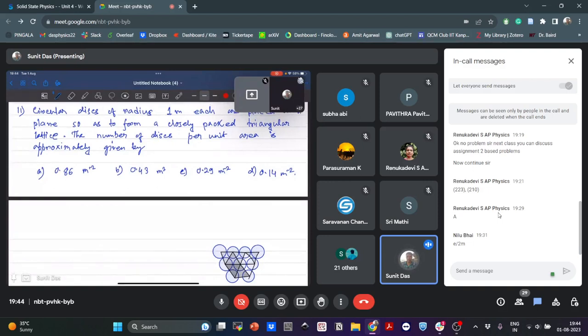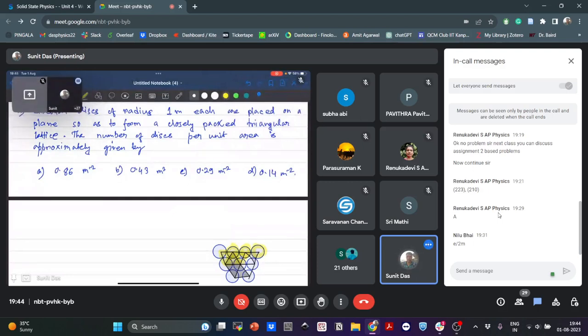So this same structure of the circular discs, okay, they are closely placed to each other, such that they form this triangular lattice. How do they form a triangle? This is a triangle. This is another triangle, and this is another triangle like this.